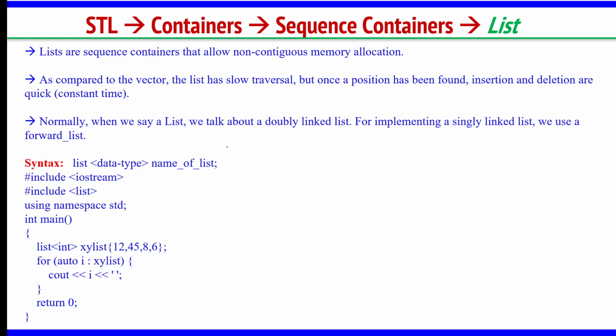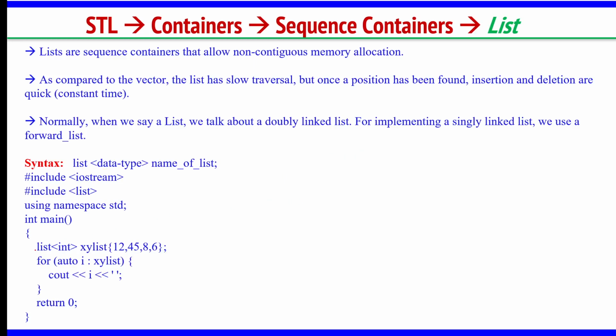What is the syntax of defining this list? The keyword is list, then the data type, whatever data type you want to give, and the variable name, the list name. You can give some name to the list, like L1. See this example here.